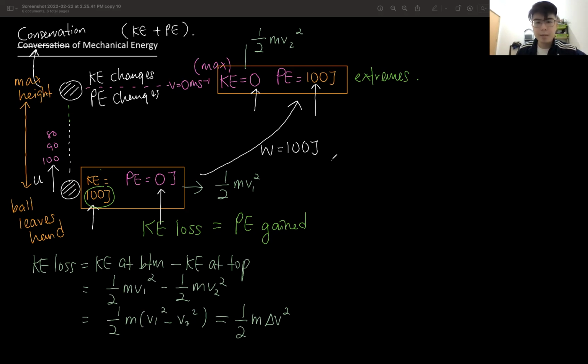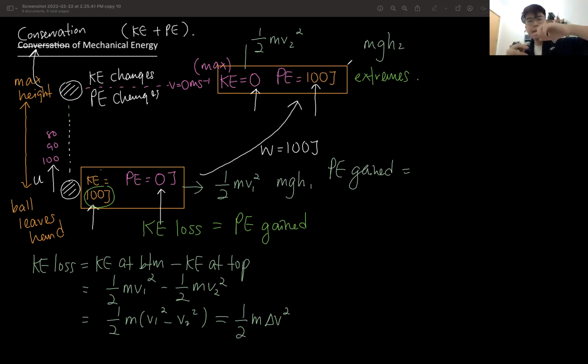Okay, the difference. Same here, PE gain. How much is the PE gain? We do mgh. Which one minus which one? Sorry, let me write it here. Up here is mgh2. Down here is mgh1. Okay, so gain, how much gain?